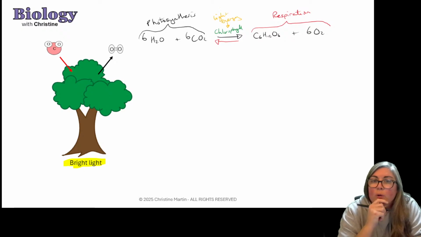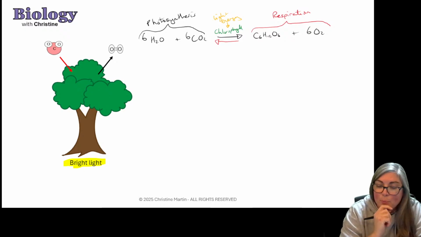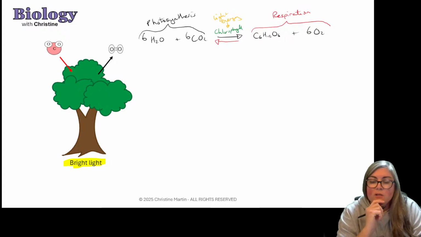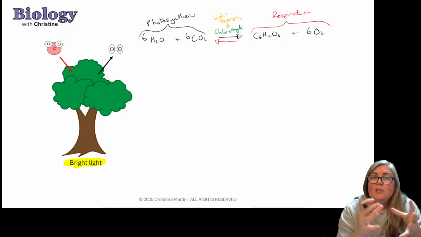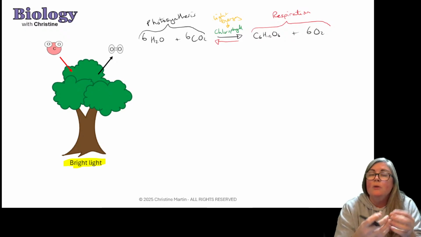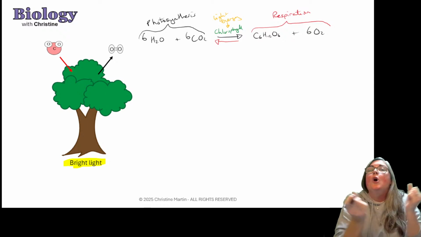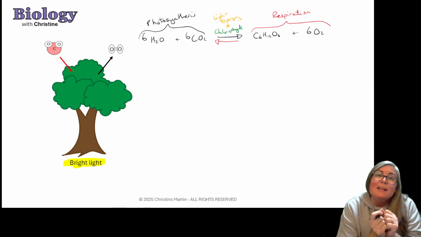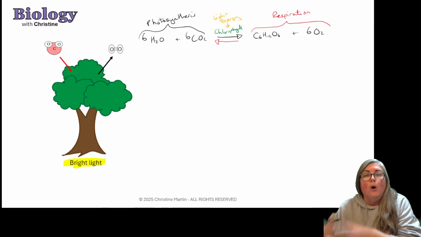So if we have chlorophyll and we have a bright light, that is going to be absorbed by the chlorophyll molecule. The carbon dioxide and the water will be able to be reacted together to produce oxygen.